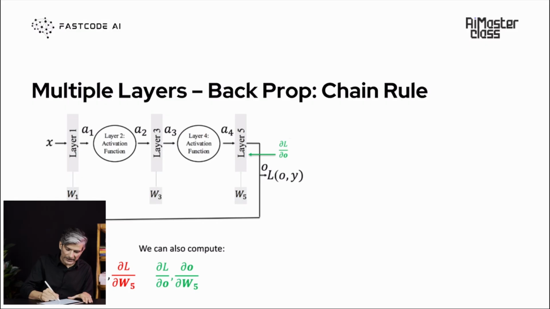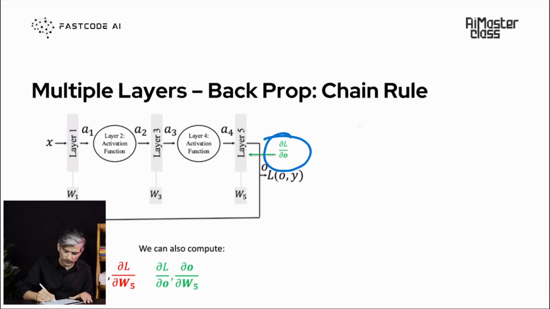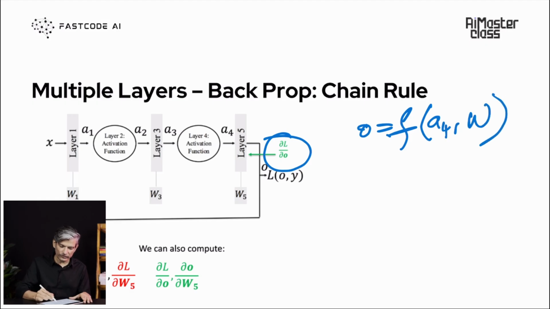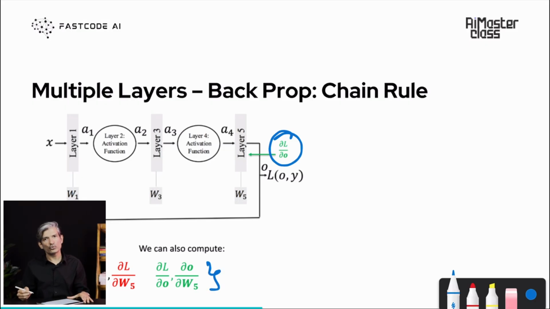So we had computed this gradient, and the good news is that we can also find the derivative of output with respect to weights. Why? Because output is some function of my input A4 and my weights W. So since we have our gradients here, and it's a row vector, the size is that of O, and the good news is that we can also compute the derivative of our output with respect to the weights.